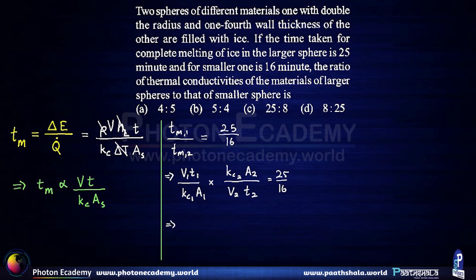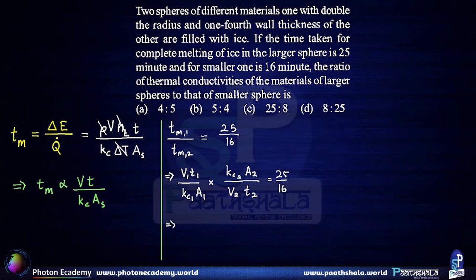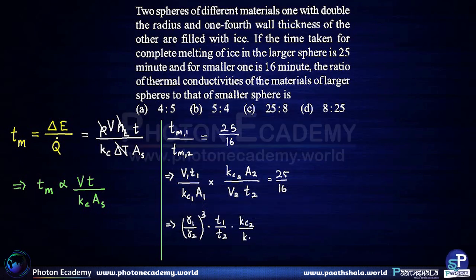So V1 by V2 would be equal to R1 by R2 whole cubed into T1 by T2 into Kc2 by Kc1, and A2 by A1 could be represented as R2 by R1 whole square is equal to 25 by 16.